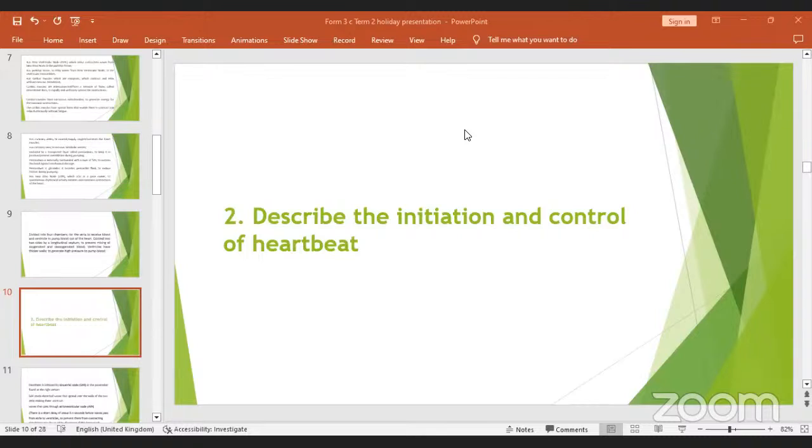It spontaneously generates a rhythmic contraction, which initiates and maintains contractions of the heart. Or you can say that its spontaneous rhythmic activity initiates and maintains contractions of the heart.